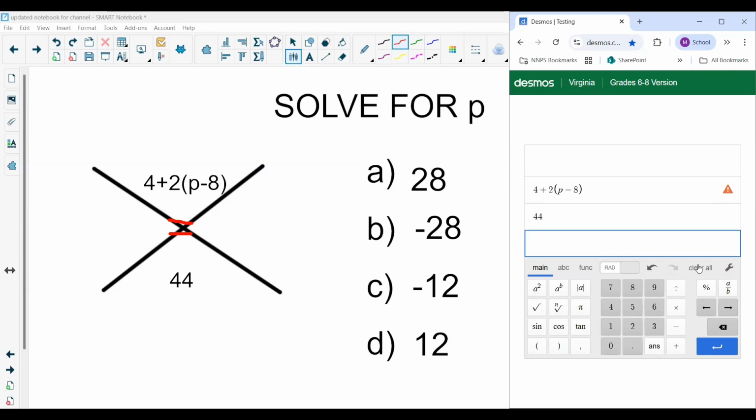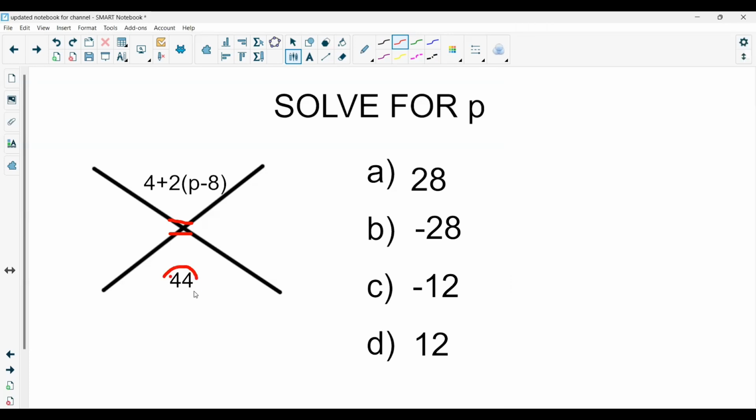Enter. Okay, so what letter do we have? We have P. So we're going to do P equals. And if I read this one more time, it says 4 plus 2, parenthesis, P minus 8, parenthesis, is equal to 44. So the answer we're looking for to come up in our calculators is 44.